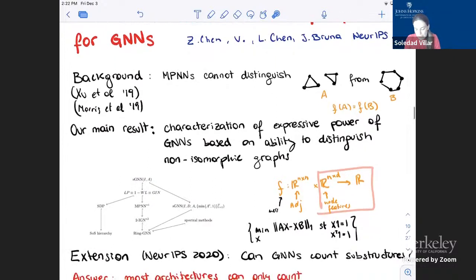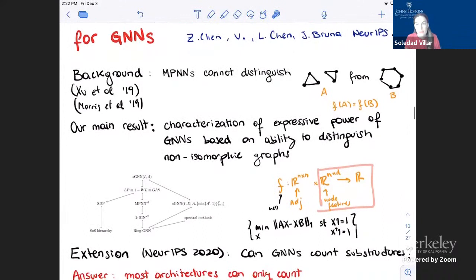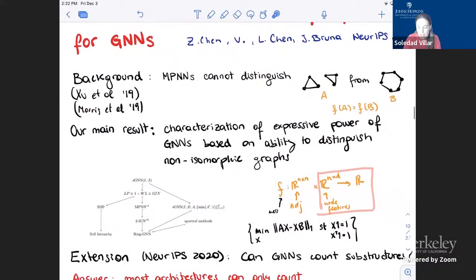There are some other approaches that look at these message passing neural networks as functions that transform signals on graphs, and those tend to be more expressive. Instead of just a function of a graph, it is a function of a function defined on a graph, and those tend to be more expressive.